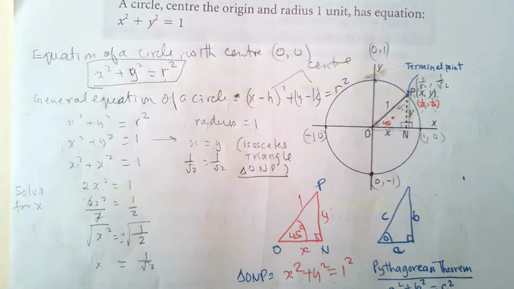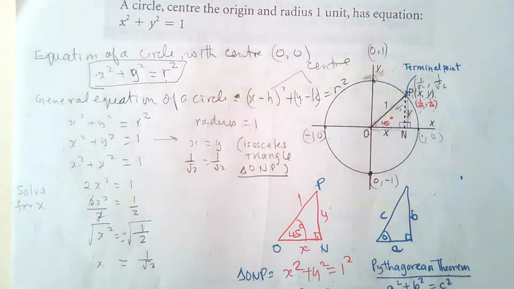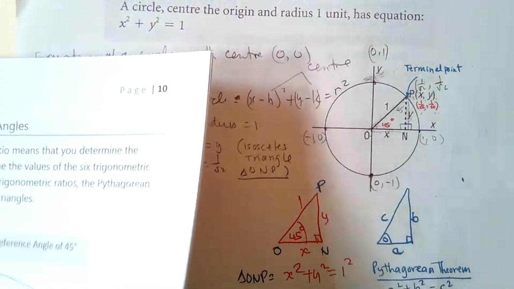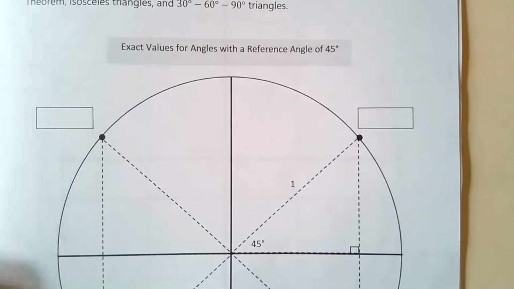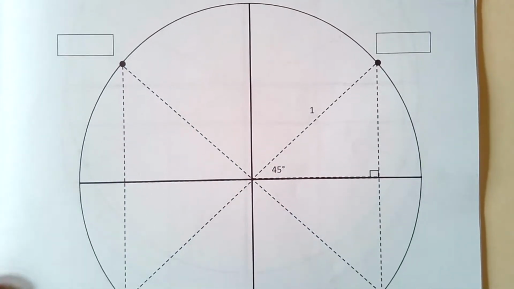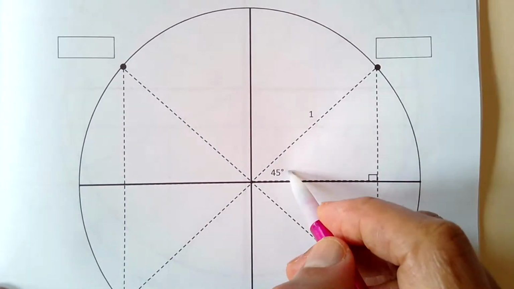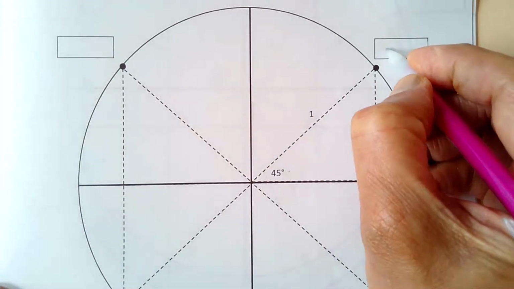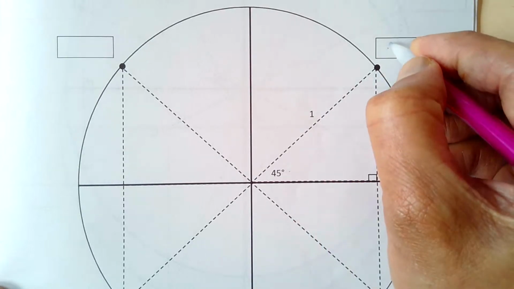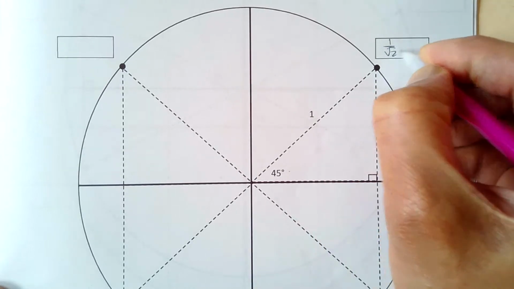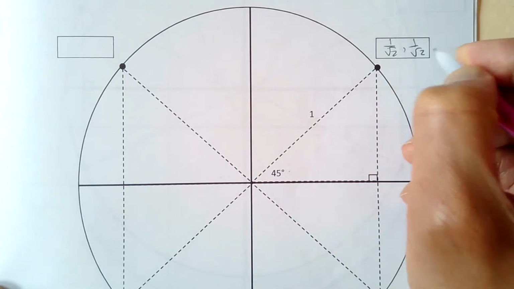So if I were to go to my triangle here, so now we've established, it's a beautiful illustration in your booklet here. This is 45 degrees. So P here, what do we have as P? It's at 45 degrees. It's 1 over root 2, 1 over root 2.